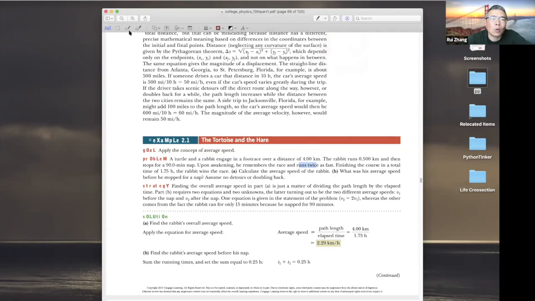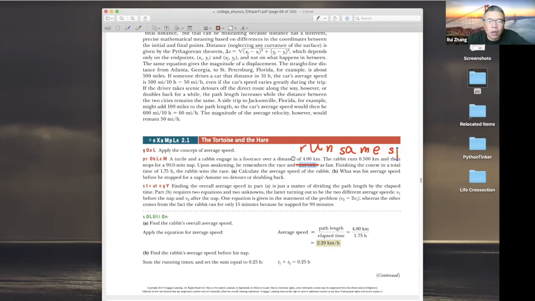Twice as fast is going to be a little bit harder, so we'll just cross this out and write run same speed. It's kind of hard to write on this PDF document.